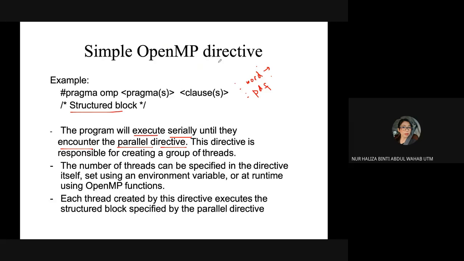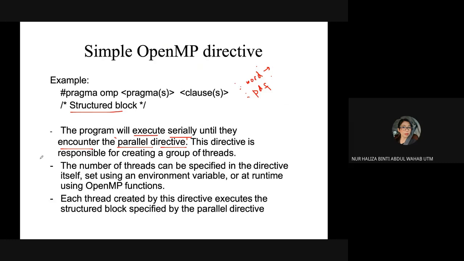This means serial, one by one. When there is a trigger, or you give instructions to use a parallel directive, then you're going to execute both applications, your Word and your PDF, in parallel.